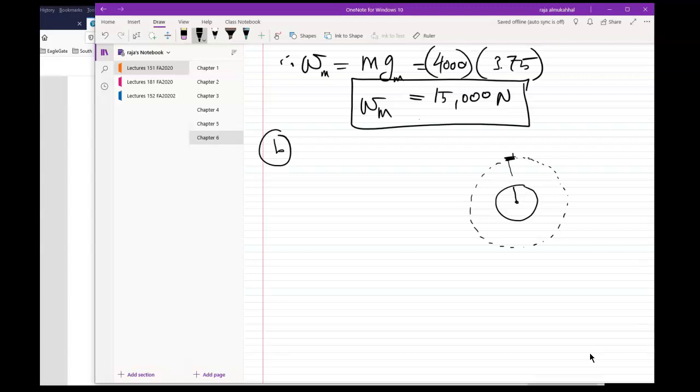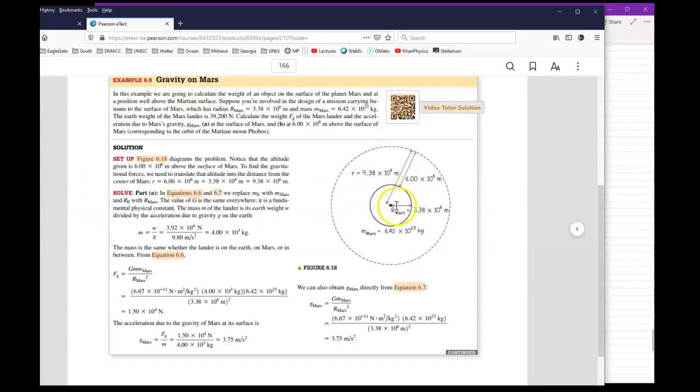And now the Mars lander is at some height. Here is the Mars radius. And let's say that the lander is right here and above the surface, and it is 6 million meters above the surface. And he's asking for what is the G value.